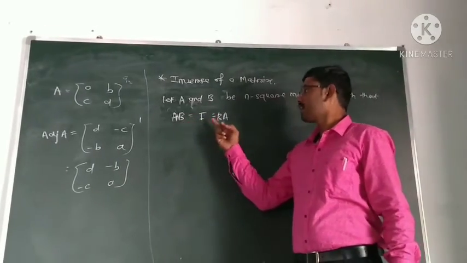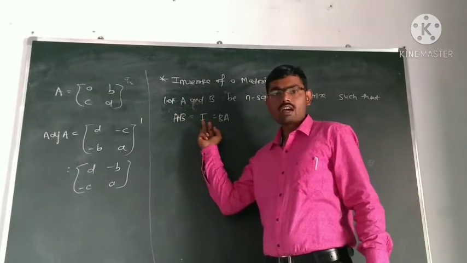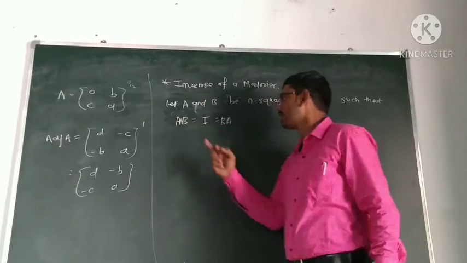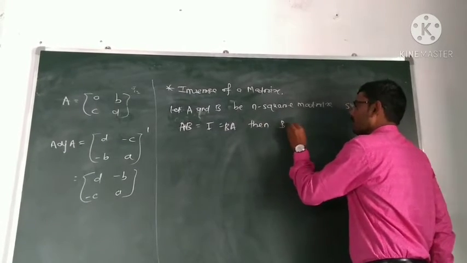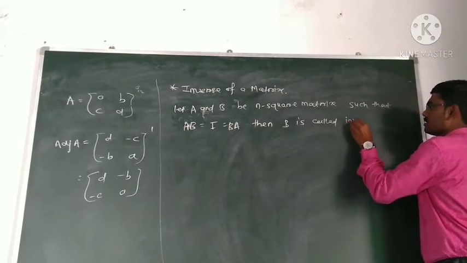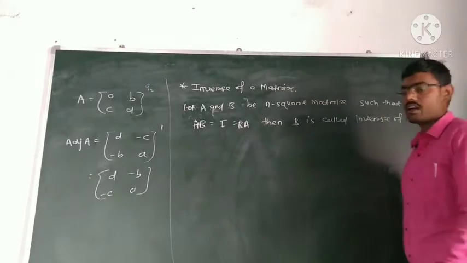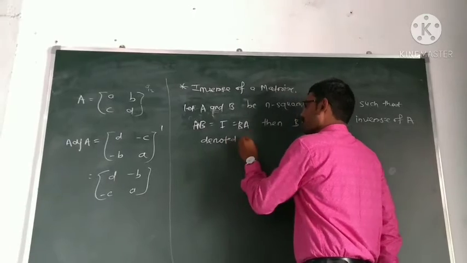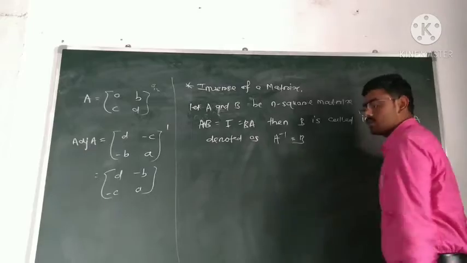If the products AB and BA are equal to the identity, then B is called the inverse of A, or A is called the inverse of B. Then matrix B is called the inverse of A and denoted as A inverse, that is A inverse is equal to B.